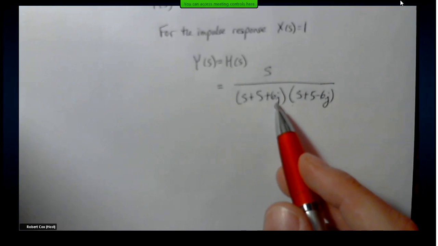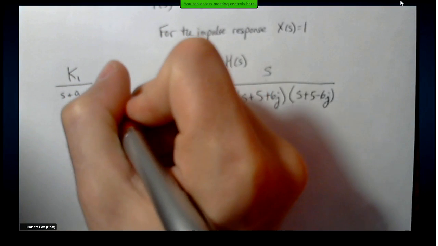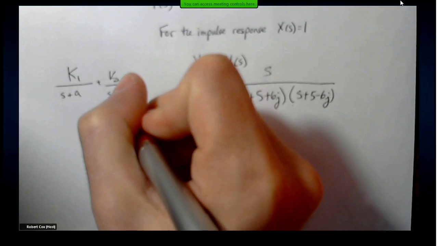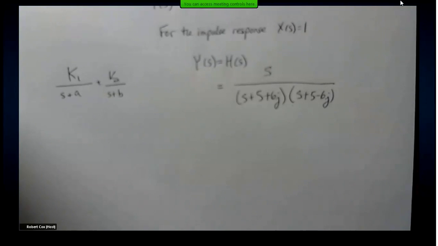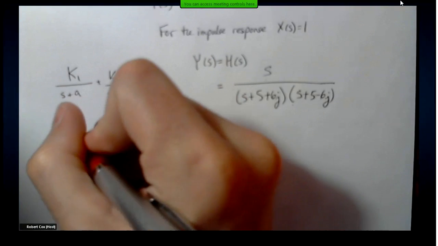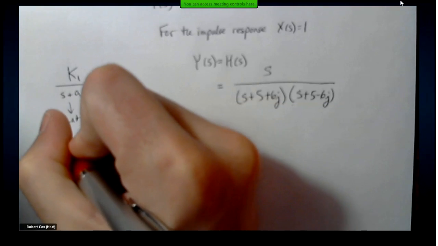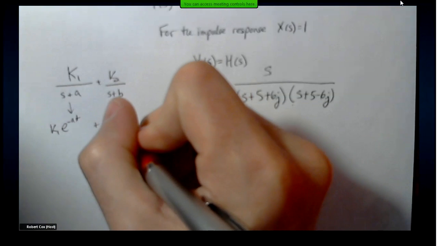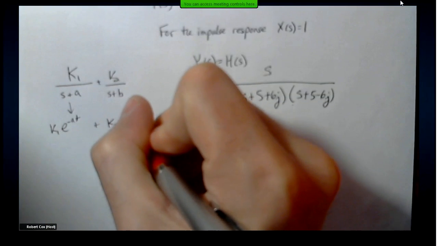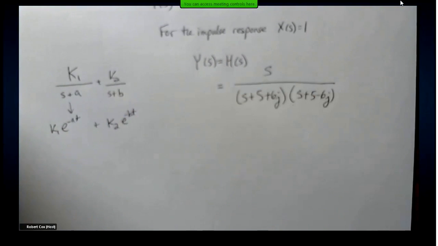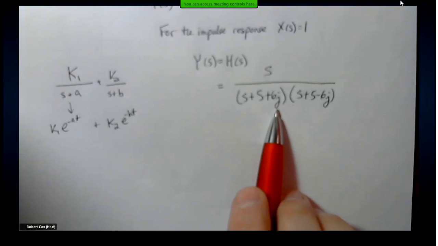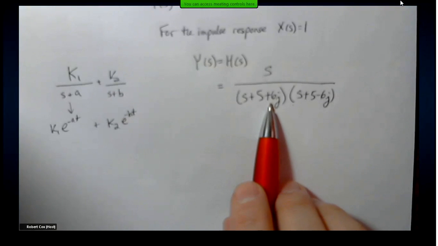So I should be able to get this into some form that looks like k1 over s plus a plus k2 over s plus b. This guy maps to an exponential, k1 e to the negative at, and this guy maps to an exponential, k2 e to the minus bt. This one is going to map to an exponential as well, but his exponentials are going to be complex.